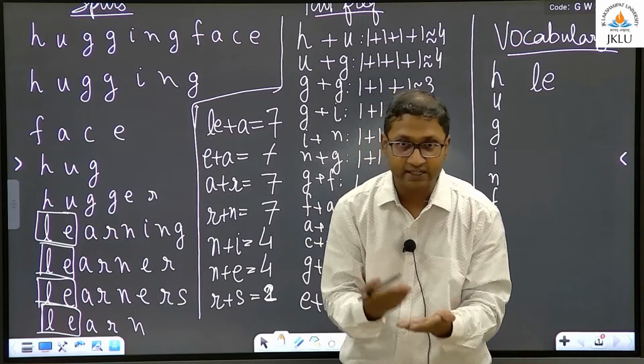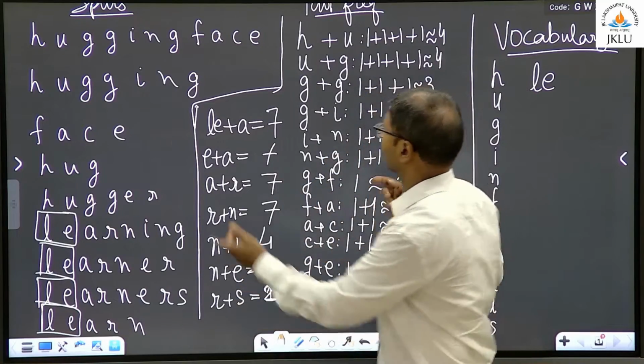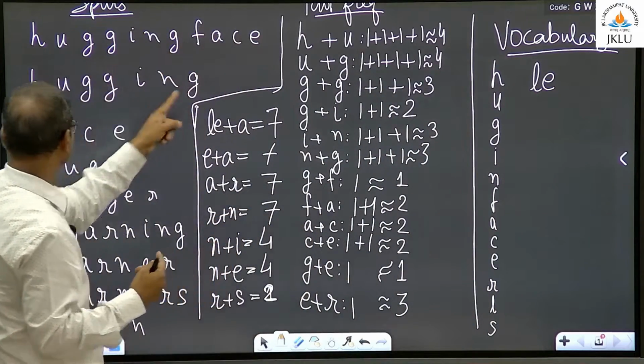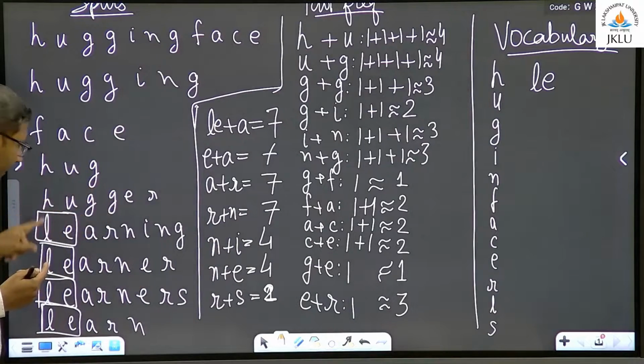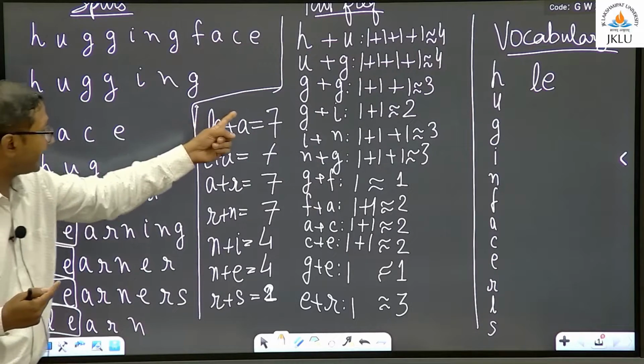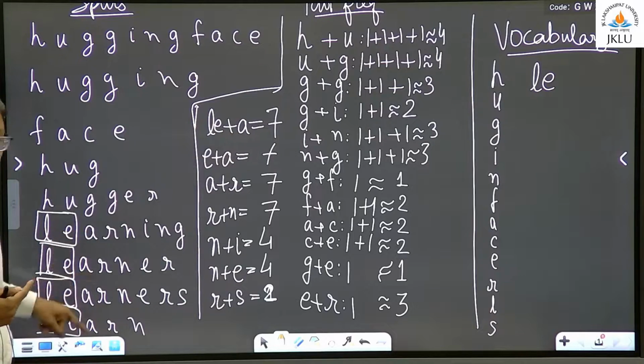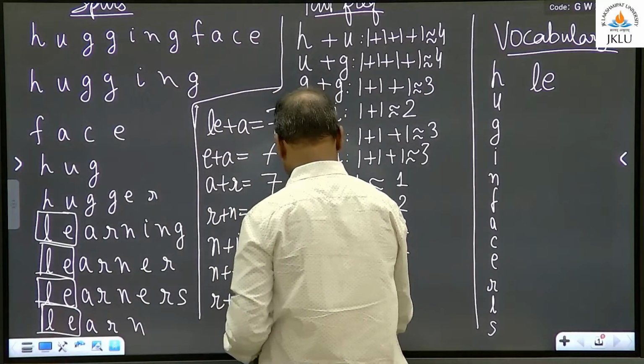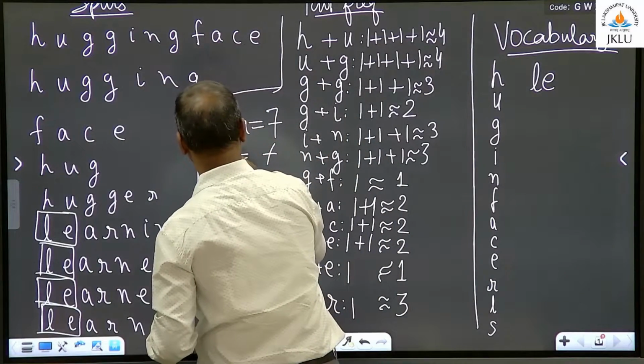In this fresh iteration, I start doing it again. This whole thing remains the same. When I come here, this is a token in itself now. So LE plus A, and that gets counted how many times? 7 times. Do I get E plus A anywhere? No. So then I simply don't have it.